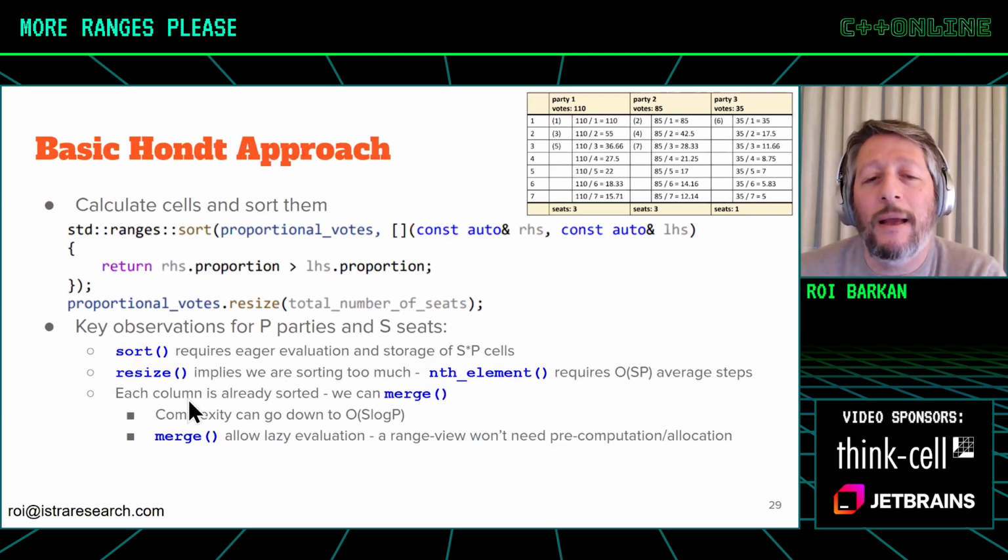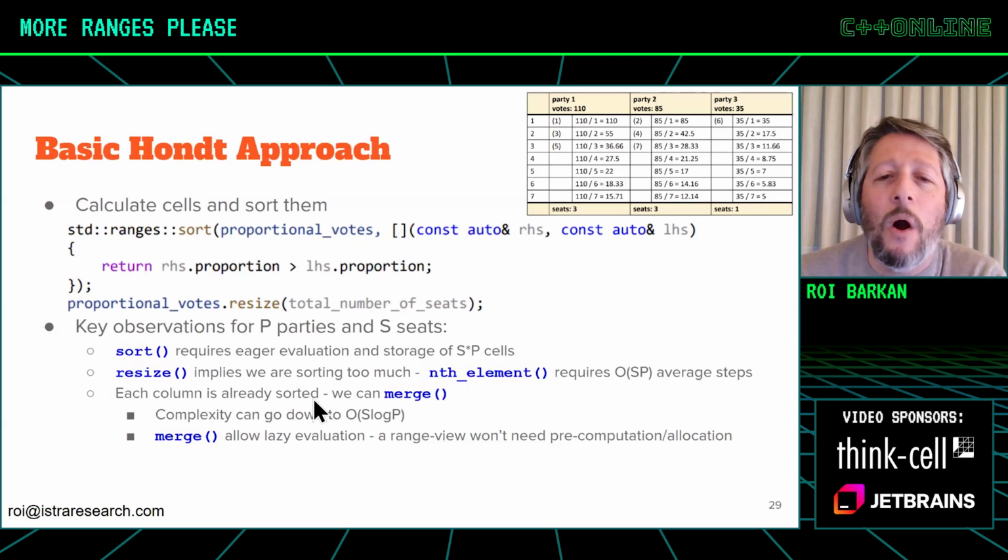And actually, with the D'Hondt method and with this algorithm, we know a little more about our input. We know a little bit more about our preconditions. We know that each and every one of the columns here is already sorted, right? All the items in column number 1 are decreasing in nature, and the same for each of the columns. So basically, all we need to do is not find an element without knowing anything about the input.